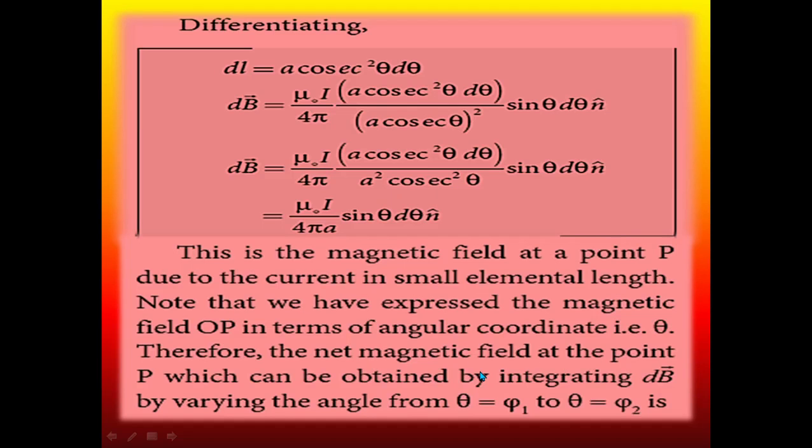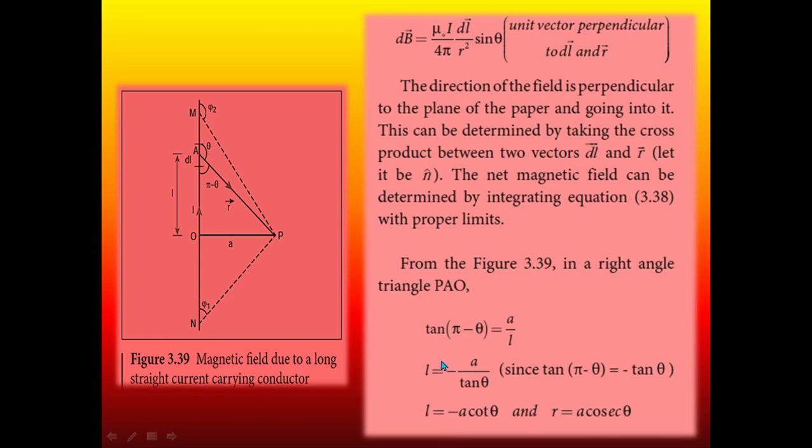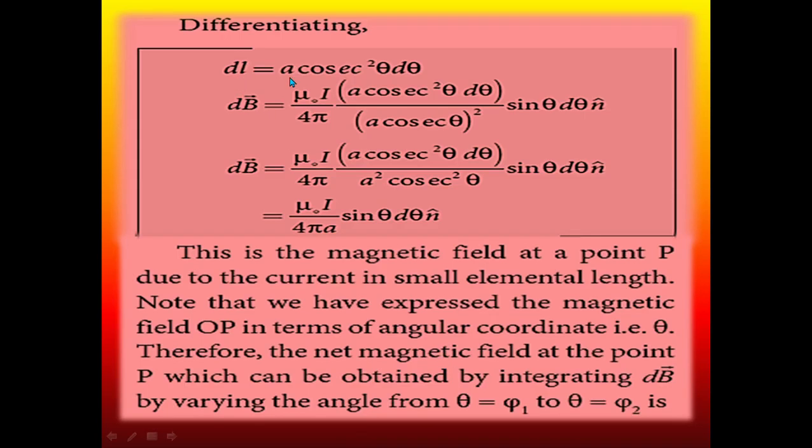The next step, differentiating this L term, we obtain dl is equal to A cosecant square theta into d theta.